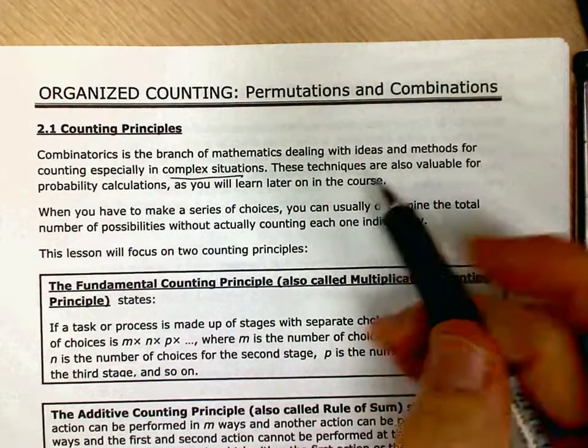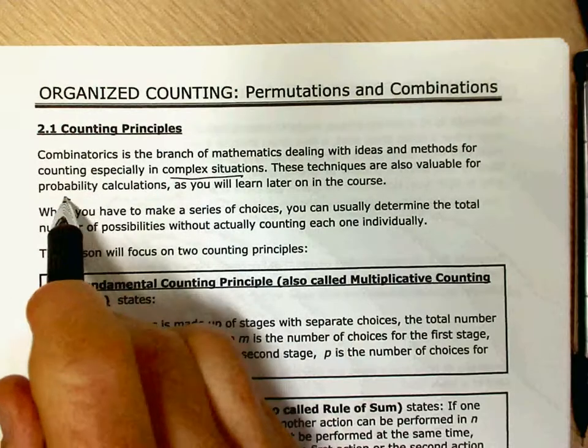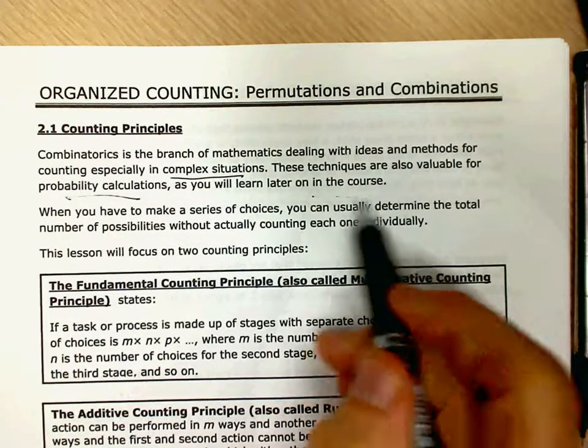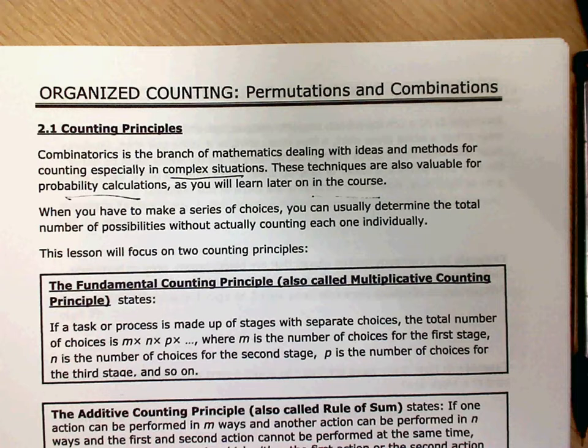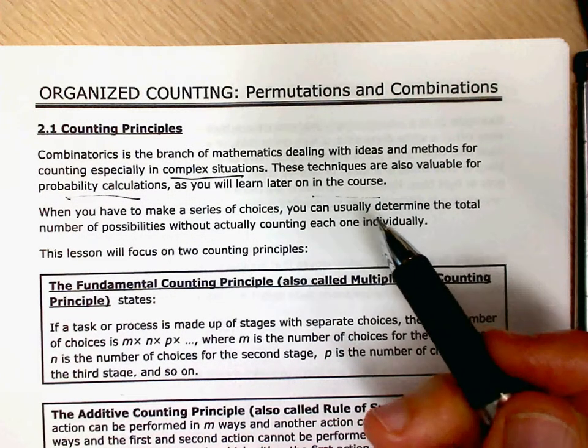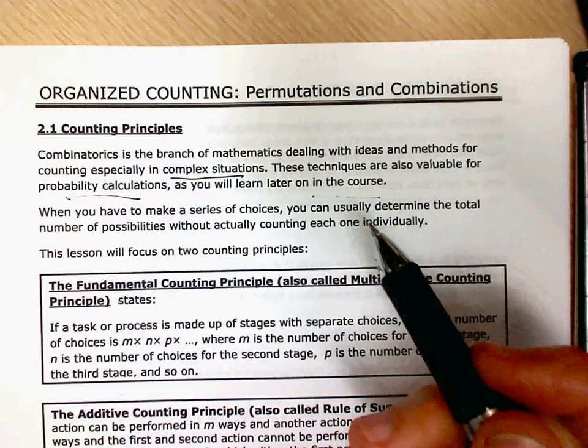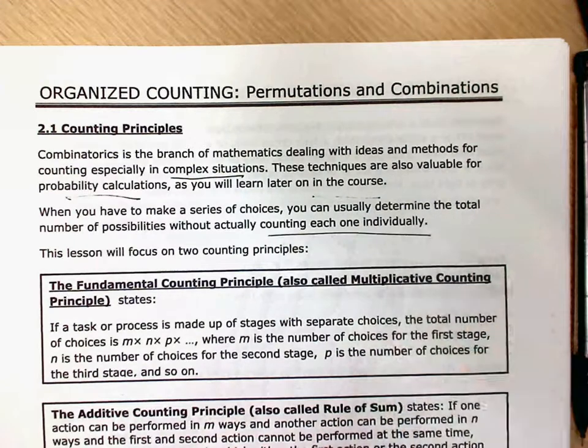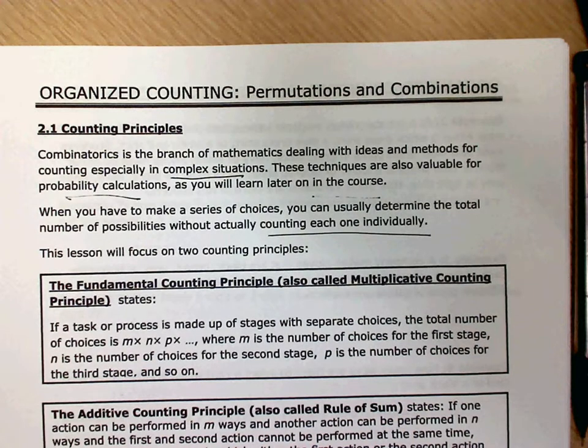These techniques are also valuable for probability calculations, which you'll learn in the next unit, because Unit 3 is about probability. When you have to make a series of choices, you can usually determine the total number of possibilities without actually counting each one individually.